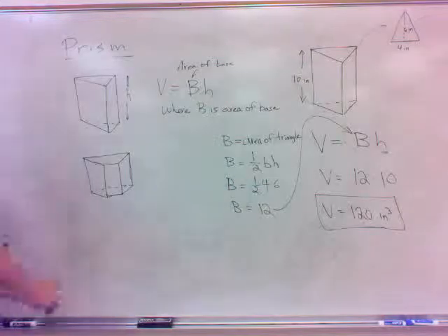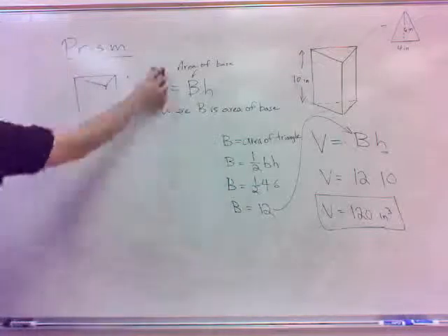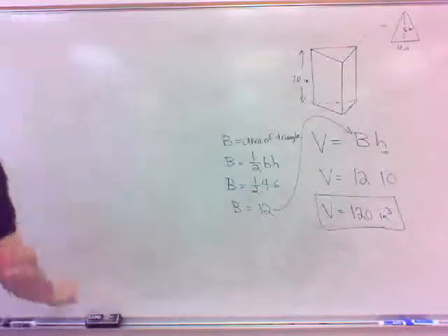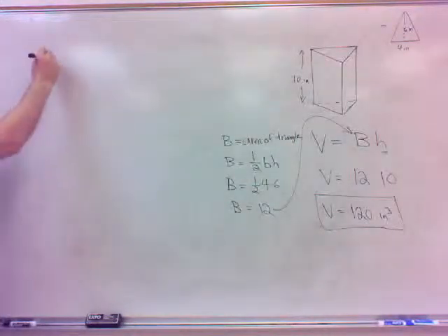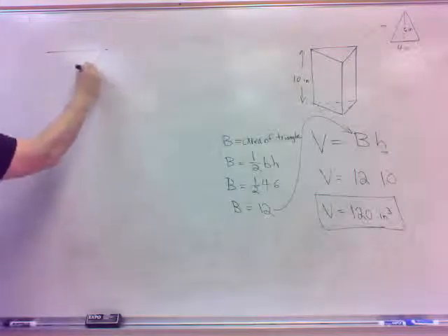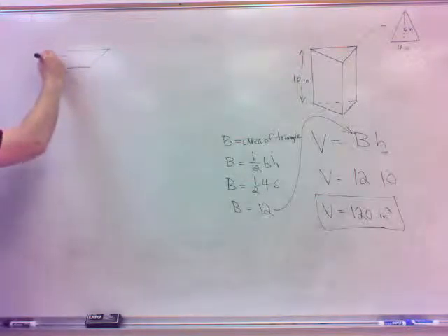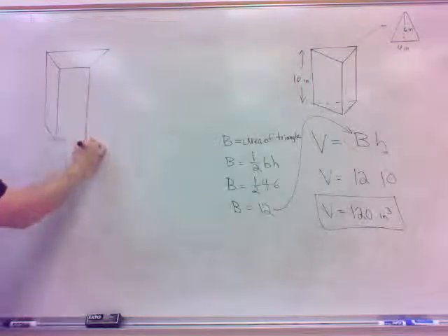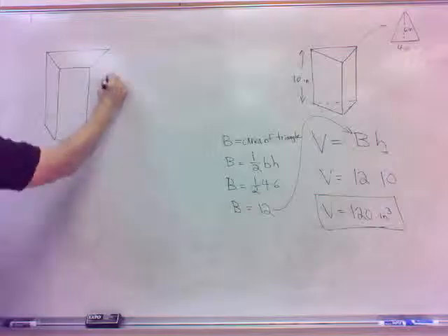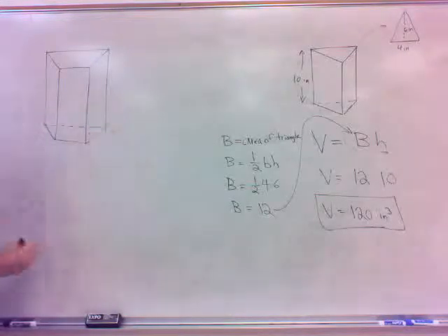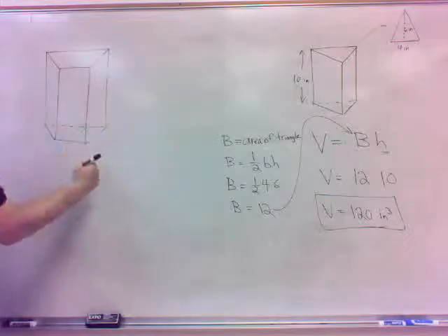All right, let me do another one just to show you how things change up a little bit, the different shape. All right, so let's do our trapezoidal prism again. Okay, so yeah, the top and bottom are trapezoids.